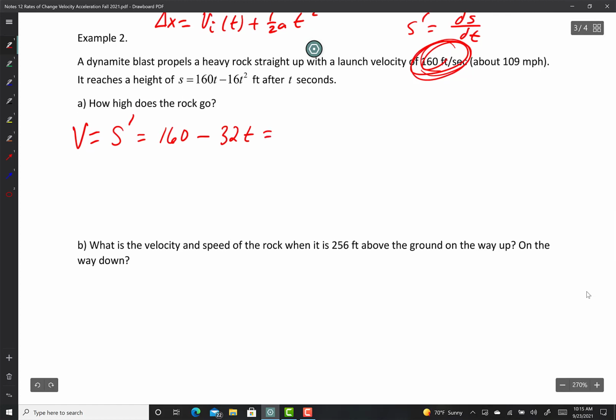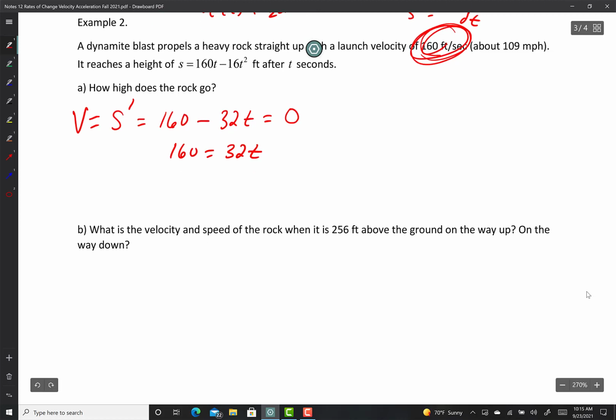Here we go. What am I going to set this equal to? 0. So then I'm going to write 32t equals 160. I hope that doesn't confuse anyone. Okay, I can see. I'll just do 160 equals 32t. There, now no one's offended. I'm going to solve for t. So divide by 32, divide by 32.